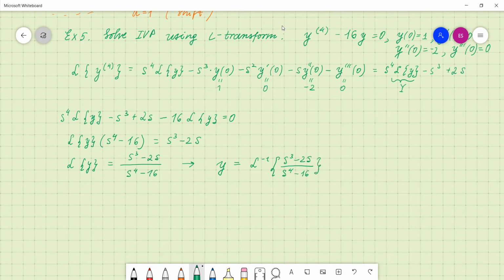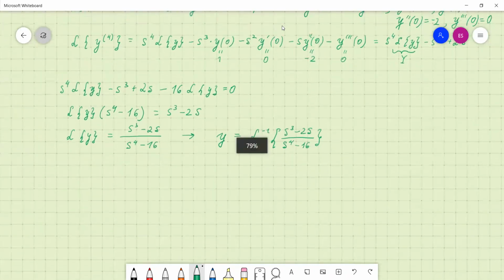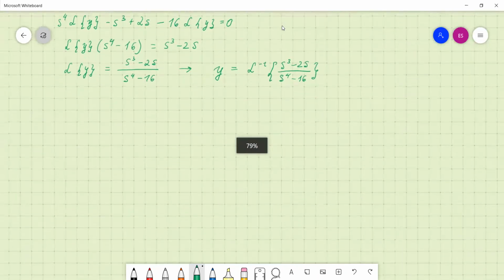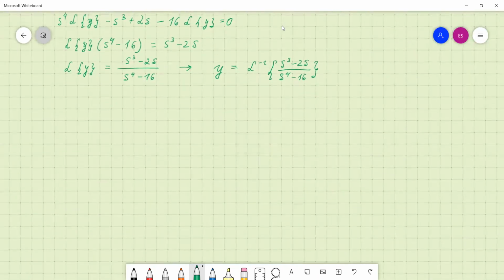Using a formula for derivative and then combining everything, just plain algebra. So we'll need to deal with this fraction, and what we'll need to do is decompose this fraction into simple fractions, and that's going to take about the next 20 minutes. That's where we do the work for differential equations. So we are going to decompose it.